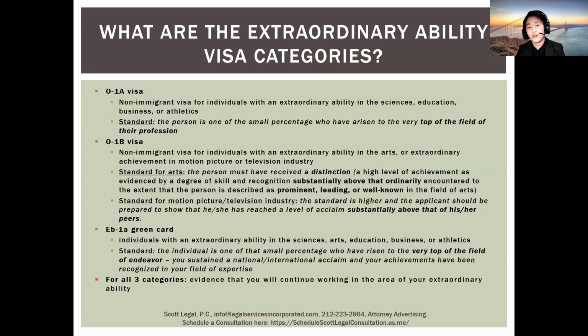If you think about the other more traditional visa categories, which require sponsorship either by a relative of yours or by a U.S. company that is giving you a job offer and goes through the labor certification requirement, that is the typical pathway to a green card. However, if you qualify for the EB-1A category, you can self-petition for your own green card. So that can be quite a decisive advantage for some people.